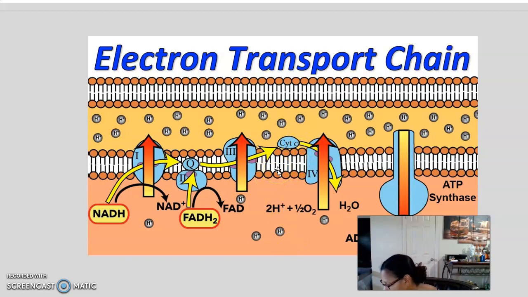They go across the inner membrane, from the matrix into the inner membrane space. So from here into the inner membrane of the mitochondria. This whole thing is the mitochondria.